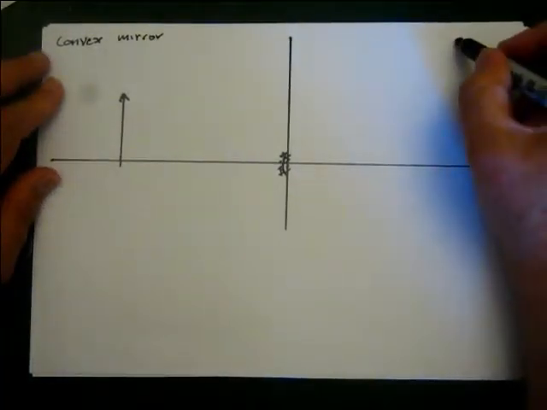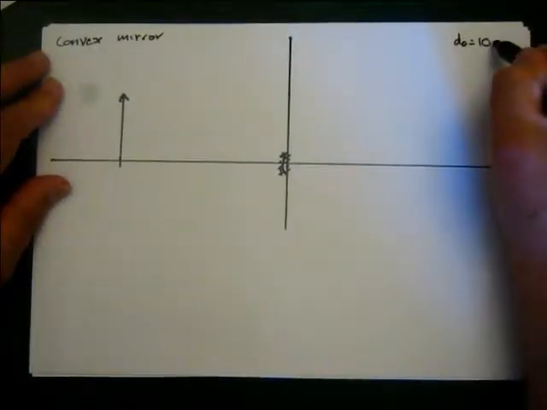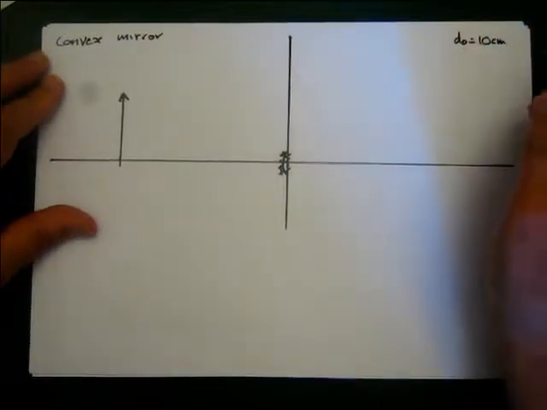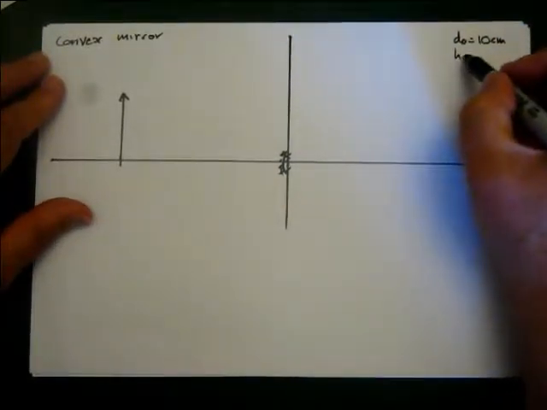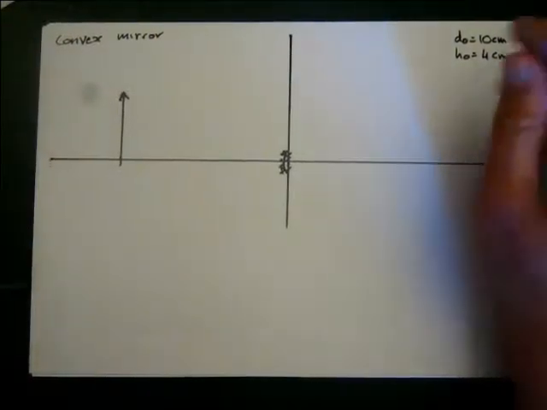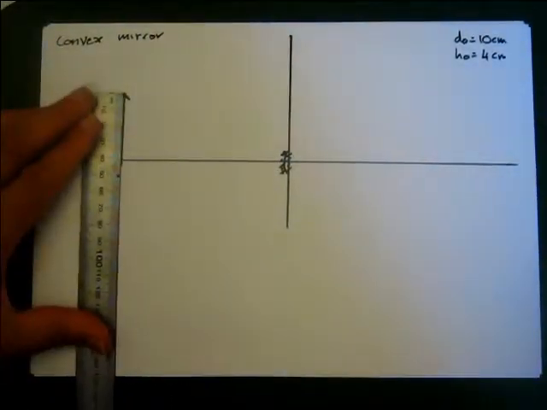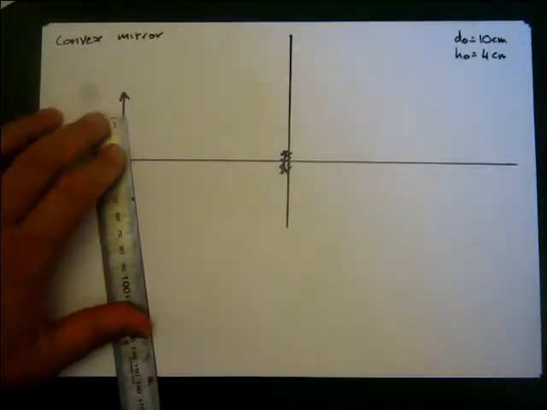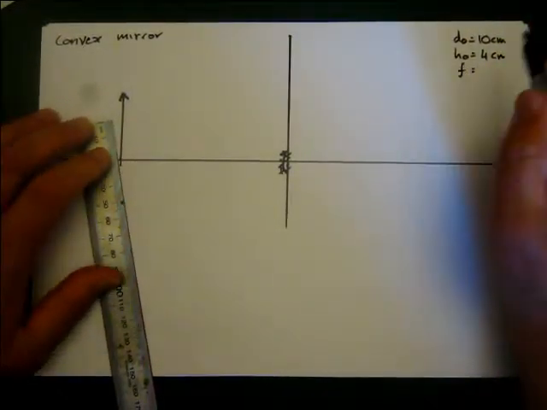So I've set this up. DO is equal to 10 centimetres. The height of the object is going to be 4 centimetres. Yep, 4 centimetres. And we're going to put F at 5.